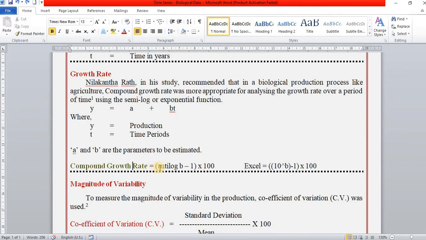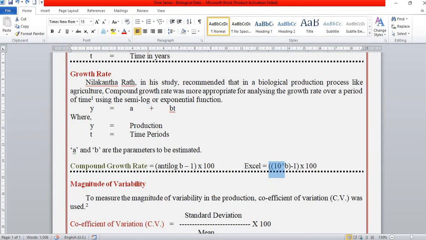We have to find the anti-log of the slope value b, minus 1, into 100. In Excel, we use the formula 10 to the power of b value minus 1 into 100. So this formula we are going to apply to find out growth rate.